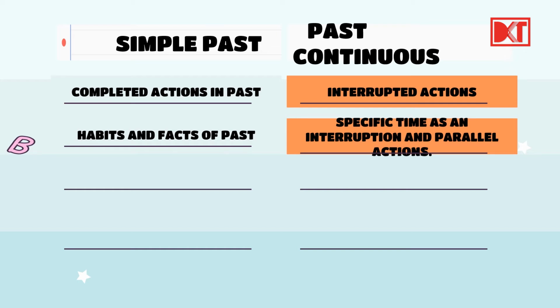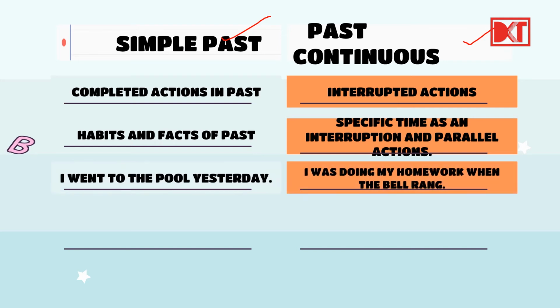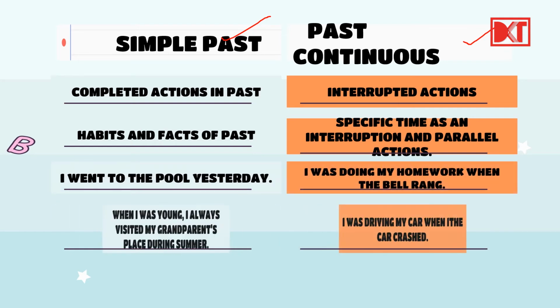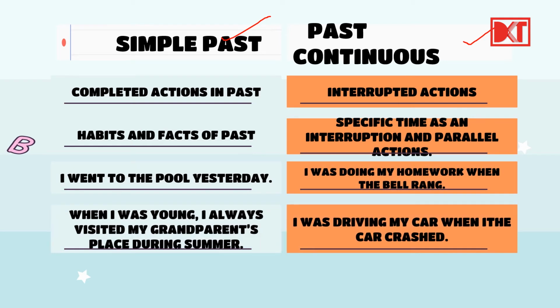Alright, so when do we use simple past and when do we use past continuous? Simple past is used to indicate completed actions in the past. The actions जो past में हुए पर वो complete हो चुके हैं.